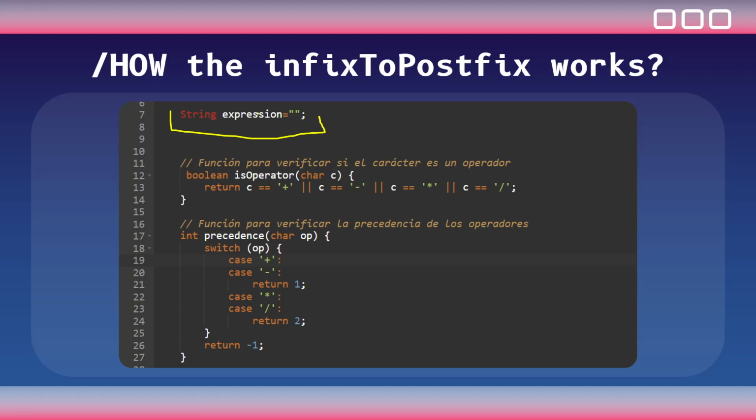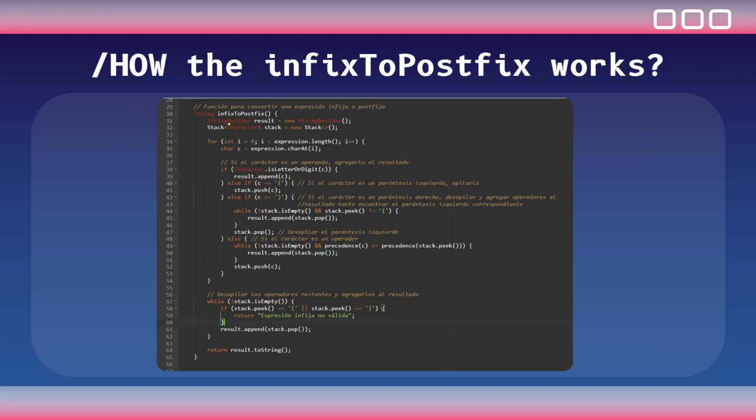So this is a property of the class: string expression. The class Infix and Postfix has this property. Well, the complete class now has the method to transform our expression to postfix.